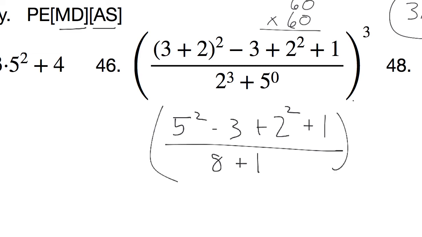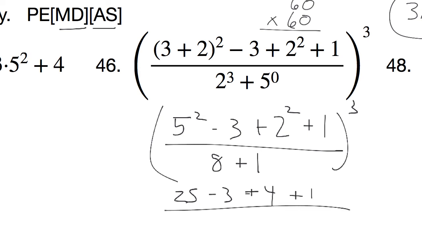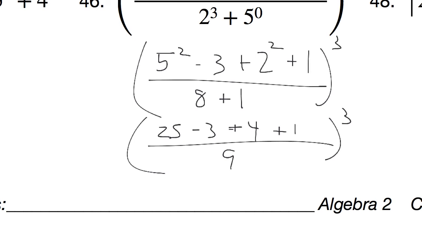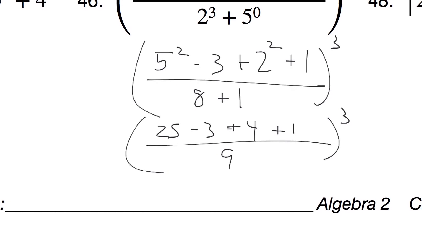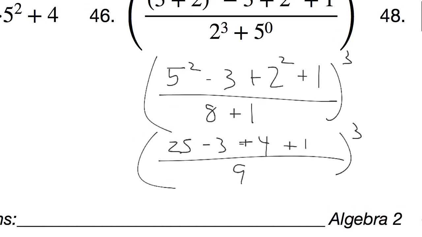That's inside parentheses to the third power. 5 squared is 25. 25 minus 3 plus 4 plus 1 over 9 to the third power. 25 minus 3 is 22, plus 4 is 26, plus 1 is 27, divided by 9 is 3. This is 3 to the third power, or just 27.